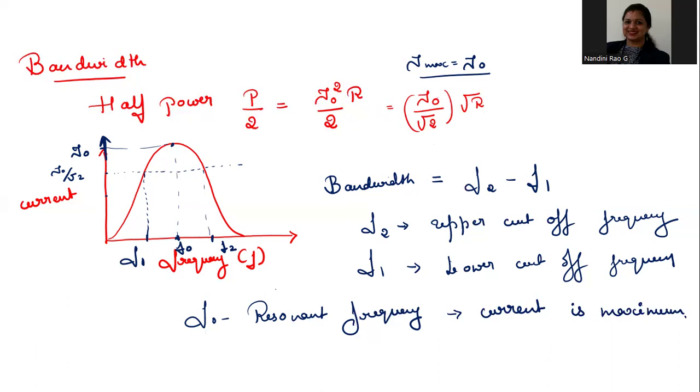So one more last topic in this series resonance. Do you want to write the definition for bandwidth? Let me write first. Definition for bandwidth you can write down. I have written the equation, the same thing.